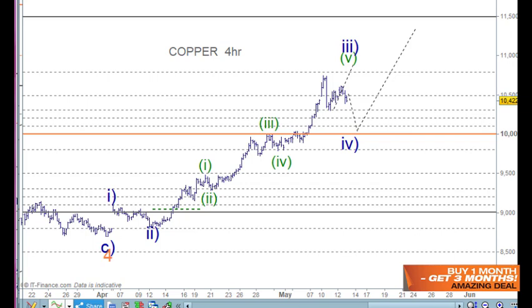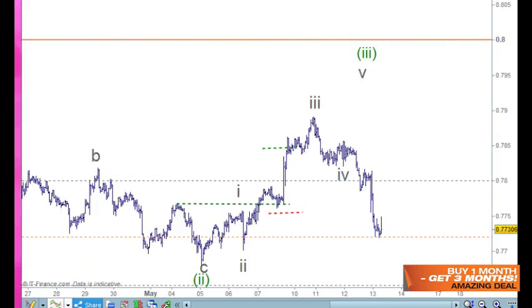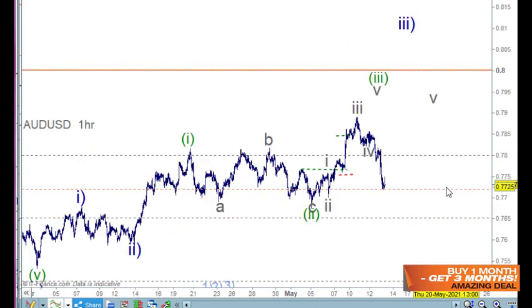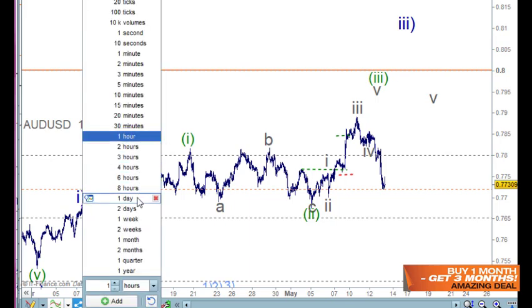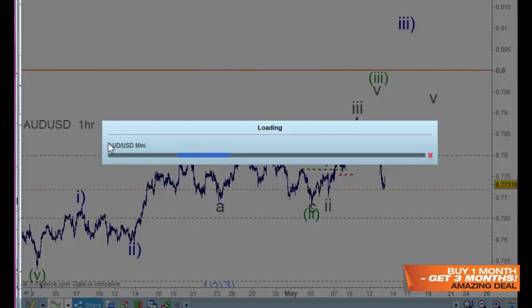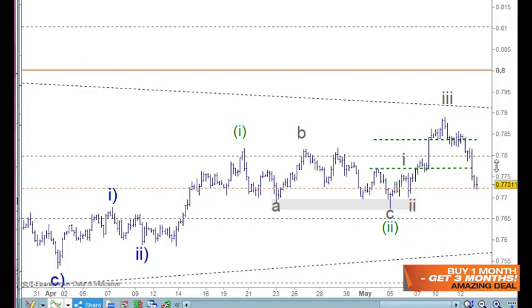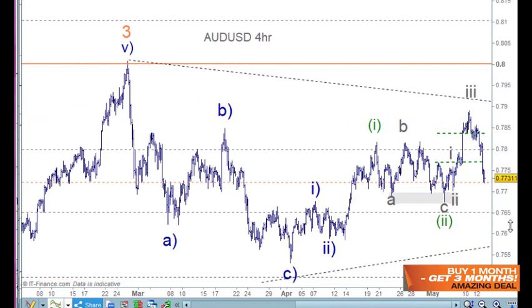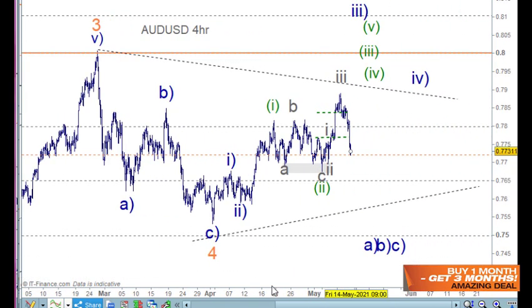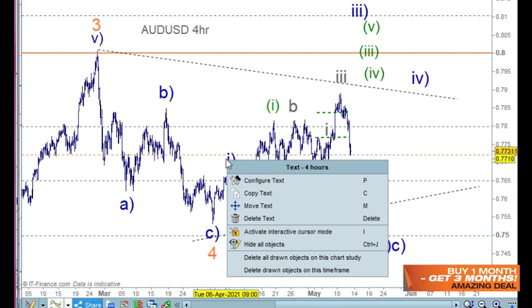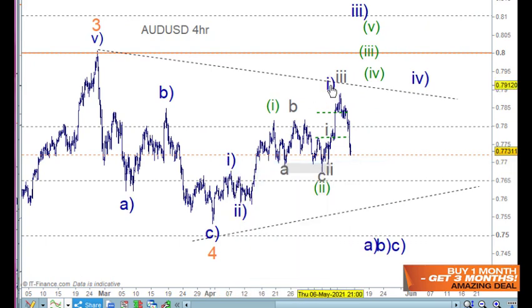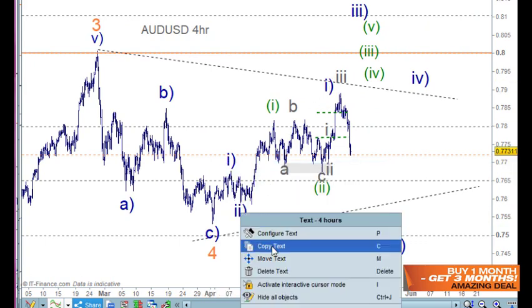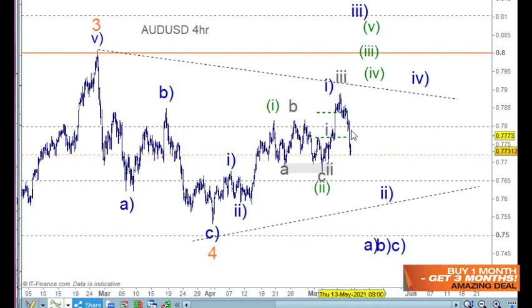We'll have a look at the Aussie dollar. That's down as well. Well, that's really faded down, isn't it? So that means we need to look at this in a different way. We need to look at that as wave 1 here and copy that and have wave 2 over here.